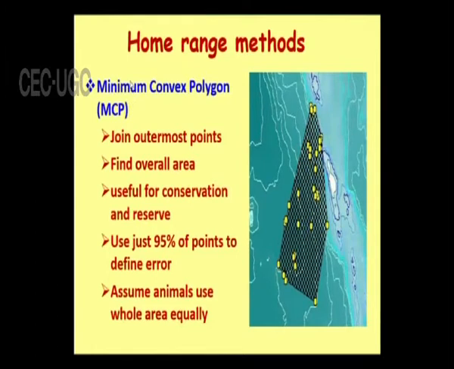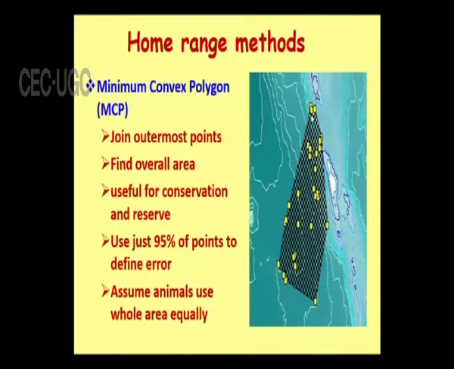And see, there are various methods for finding the home range. One method is the minimum convex polygon method. Here, wherever the points are available, there the buffaloes are wandering, and therefore, we have to join the outermost points on the map, connecting all of them, and that area will be called the habitat of that particular animal, and we have to find the overall area.